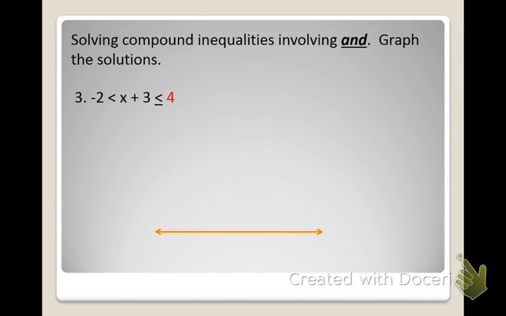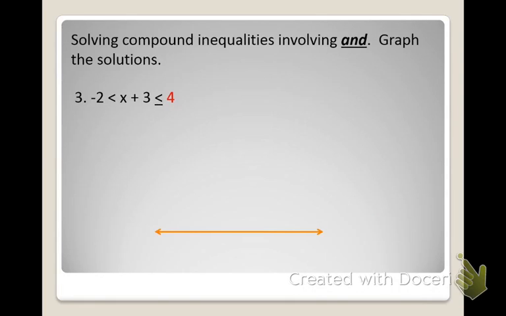Okay. Now, if we're solving compound inequalities, and in particular when we're solving "and" compound inequalities, the problem sets up a little bit differently because of the way we can write our "and" inequalities. Okay?